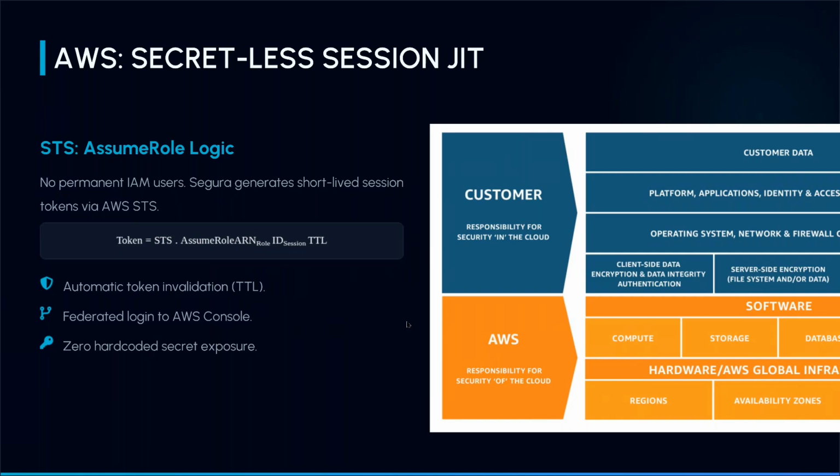STS is an assume role, where you can assume temporary access to that role. And of course, you have criteria on who can do that and who cannot, and you can have a short session time, so you can limit when it can be used or how it can be used.